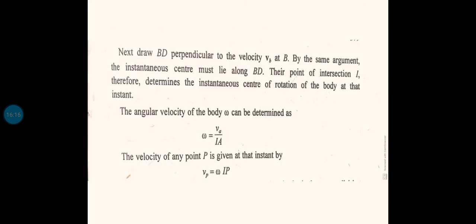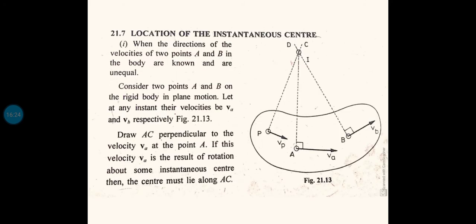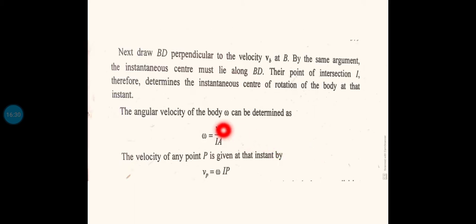So we have the relation between linear velocity and angular velocity as V is equal to R omega. So omega is equal to V by R. If you talk about the velocity Va, and you want to find the angular velocity omega, then omega will be equal to V by R. The velocity at point A is Va, and the radius of rotation from the instantaneous center to point A is Ia.